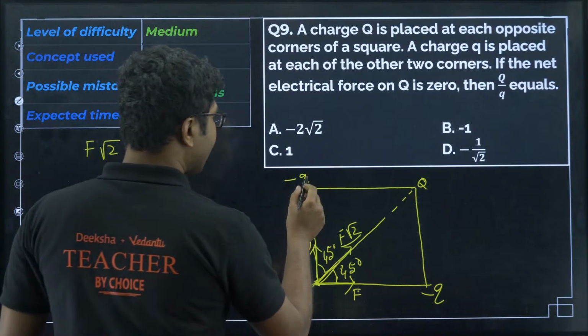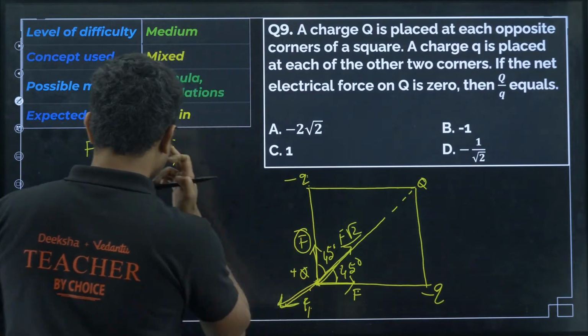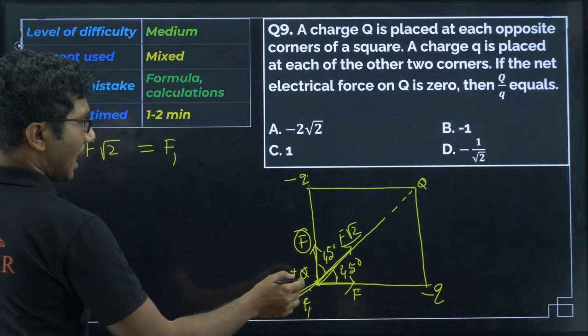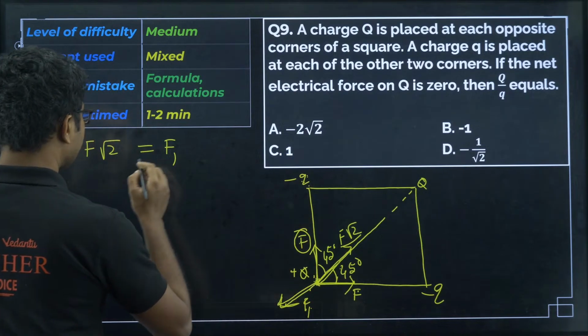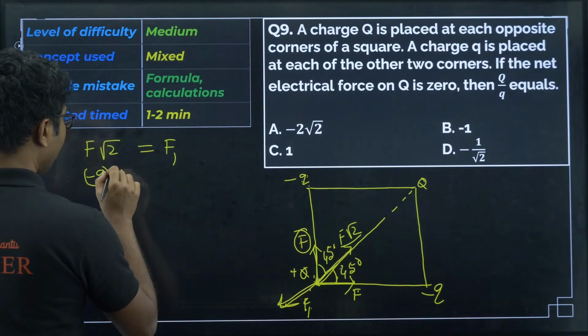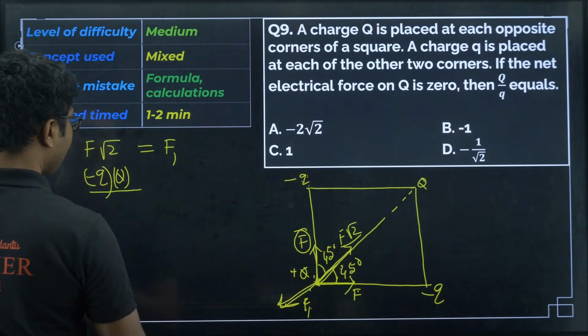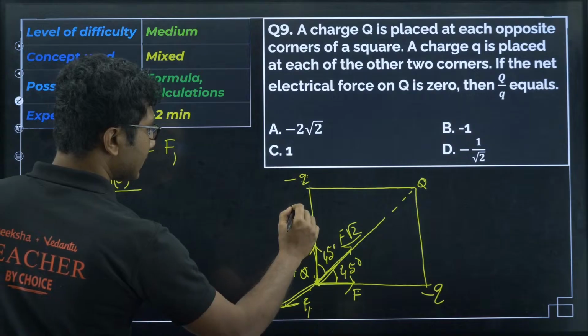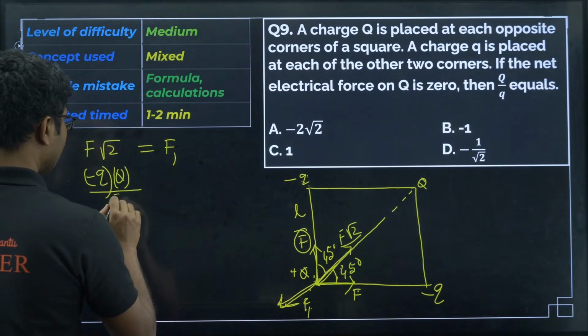Now we have found out that the charges are opposite in sign. First of all, F is the force between these two charges, so Q into minus Q divided by the distance L square.